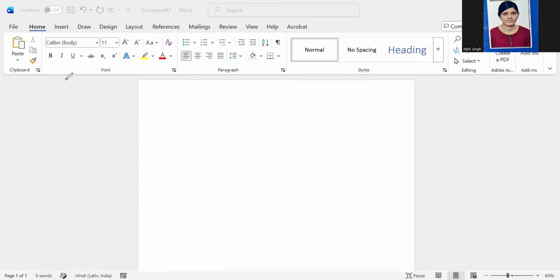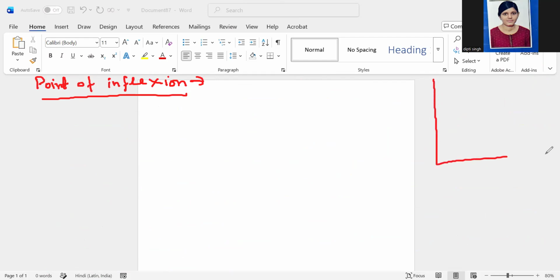Point of inflection. If we have a curve like this, this is the point P and this is the tangent, this is C, D, this is Q. We can see here that on one side the function is concave and on the other side it is convex.